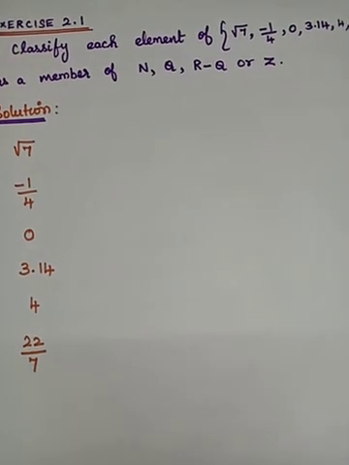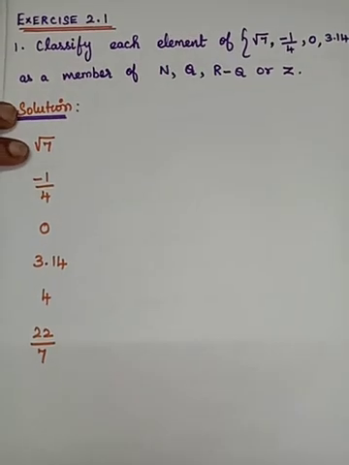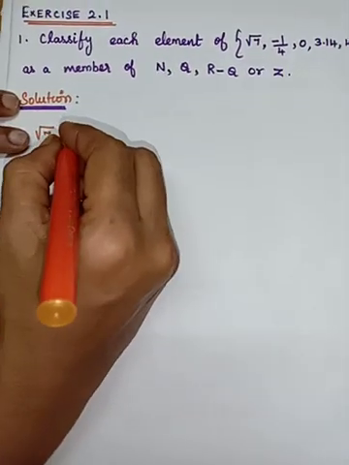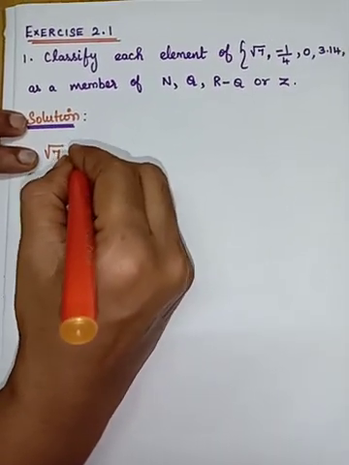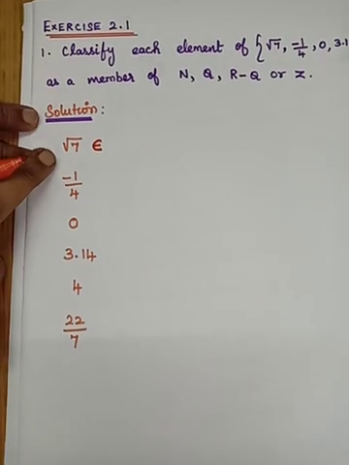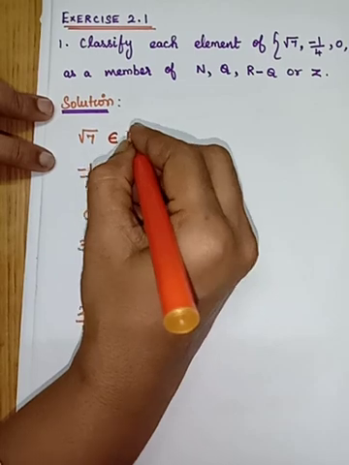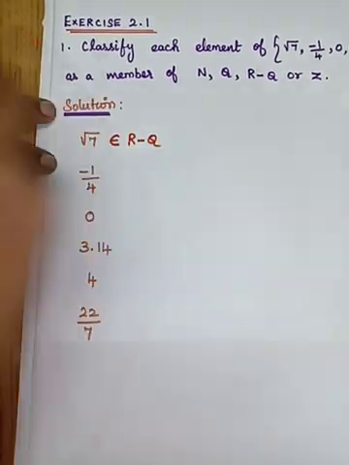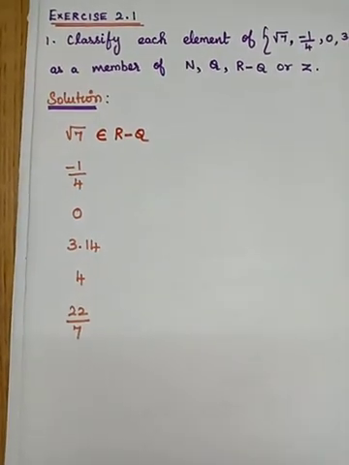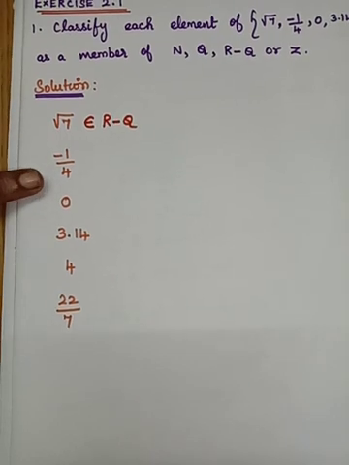I'll take the first number, root 7. Root 7 is an irrational number. So it belongs to the set R minus Q. Otherwise you can write it belongs to Q dash. And come to minus 1 by 4.